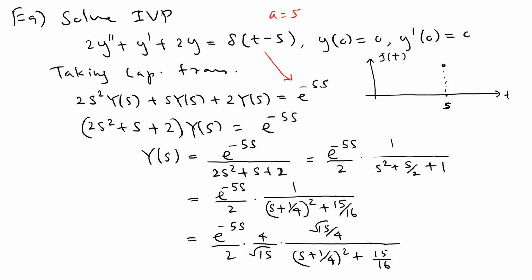Now we need to write the inverse of this one. How do we write the inverse? You can see there's an e term, and an e term means you get the switching function. Then we have s plus 1/4. That means you need the shifting theorem with 1/4, so there should be an e to the minus 1/4 (t minus 5) term there.